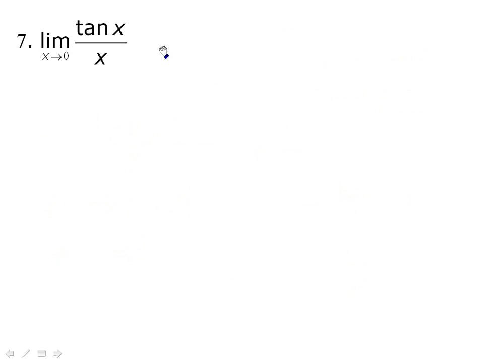Now tan x over x, if you substituted it in, you're going to get 0 over 0, because the tan of 0 is 0. What I'm going to do with this is use the identity for tan x as sine x over cos x, and then all this divided by x. So when we divide this out, we get sine x over cos x multiplied by 1 over x.